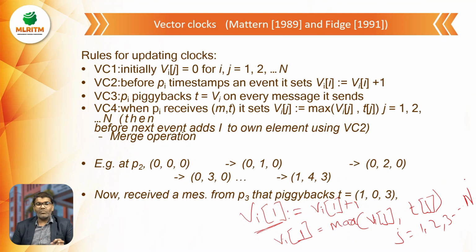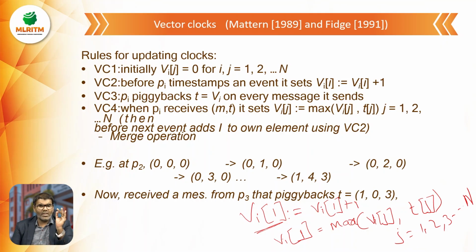Before the next event, it adds 1 to its own element using vector clock 2, which means we are using the merge operation. For example, P2 of 0,0,0 turns to 0,1,0, then 0,2,0, and next 0,3,0, and so on, 1,4,3.